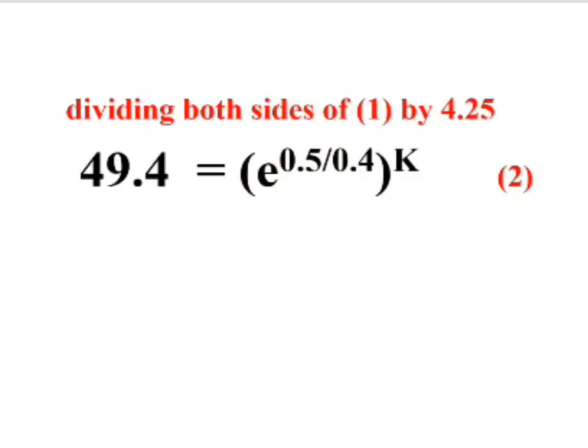Now, if we divide both sides of equation 1 by 4.25 to help give way to evaluating the value of k, we'll have 49.4 equal to exponential of 0.5 divided by 0.4 to power k.